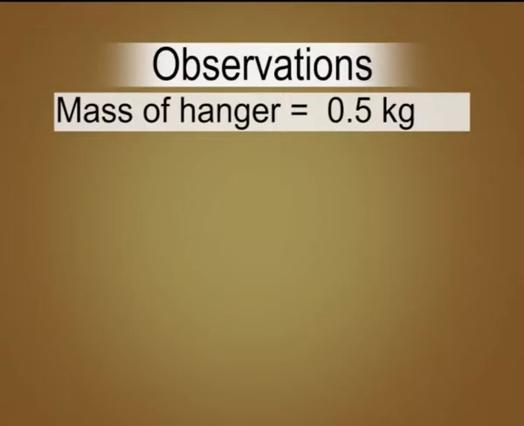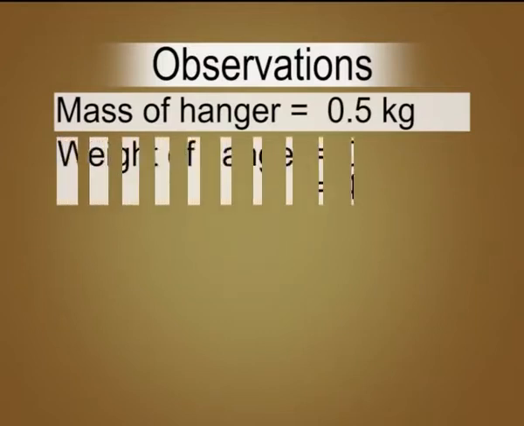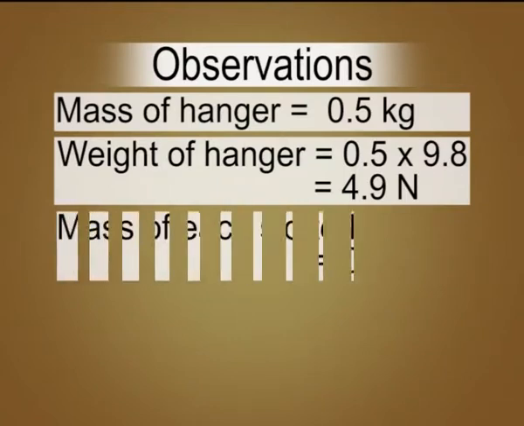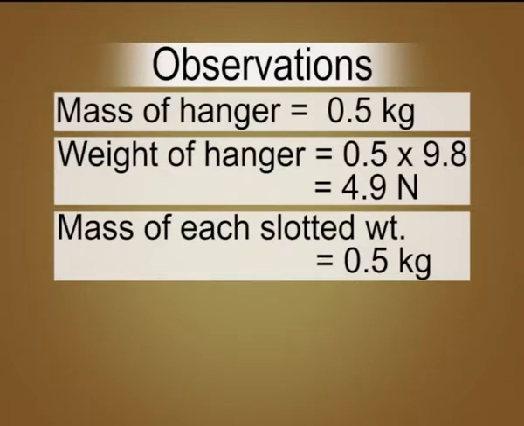Mass of hanger is equal to 0.5 kilogram. Weight of hanger is equal to 0.5 into 9.8 is equal to 4.9 Newton. Mass of each slotted weight is equal to 0.5 kilogram.